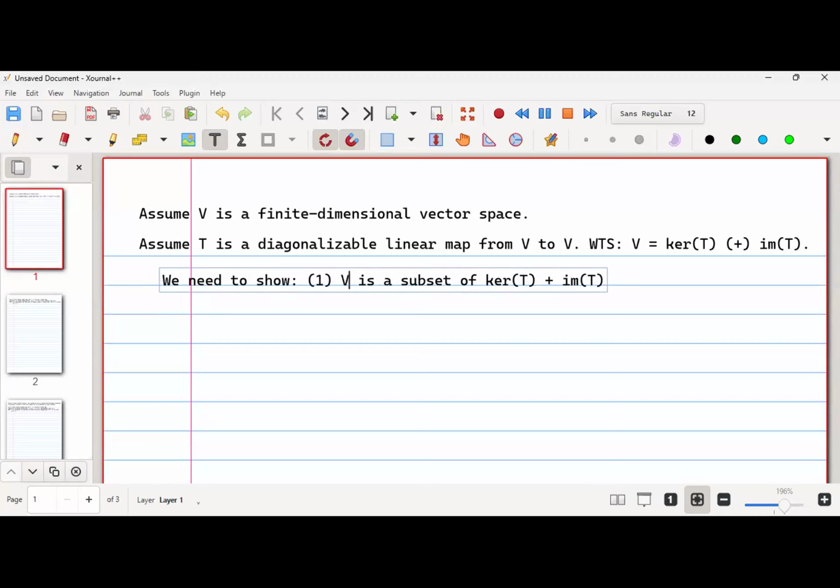And the other way, kernel T plus image of T is a subset of V is trivial because sums of subspaces are subspaces of V. So we have one subspace of V and another subspace of V, and you compute their sum, then that sum is also going to be a subspace of V. So we only have to show one and two: kernel T intersection with the image of T is just the trivial vector space, which is just the set with the zero vector.